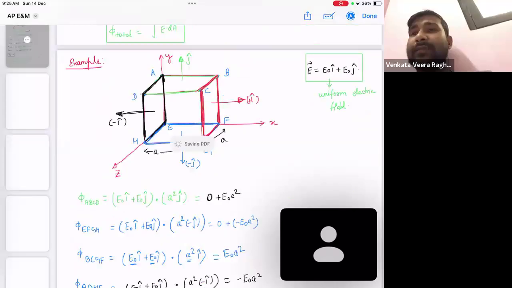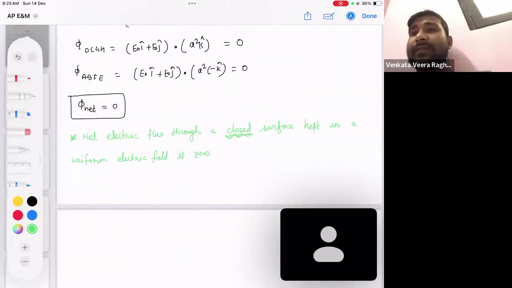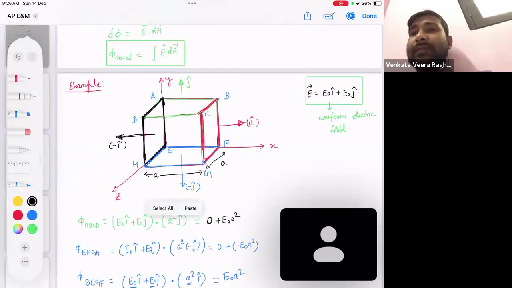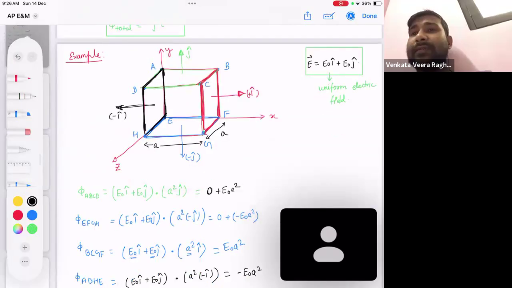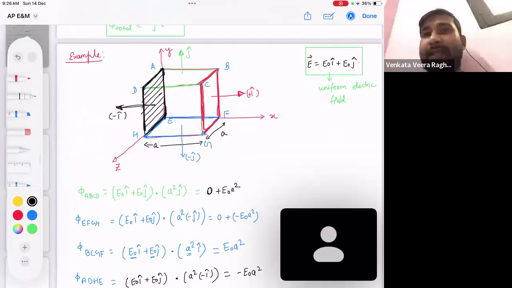See that this face is negative, the ADHE face. It is entering this one, isn't it? What is the direction of field? Direction of field is E naught I cap and E naught J cap. This electric field given in the question is E naught I cap and E naught J cap. So the I cap field lines are entering this shaded cross section. Check it.